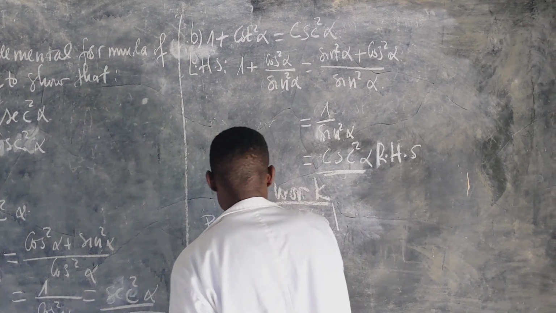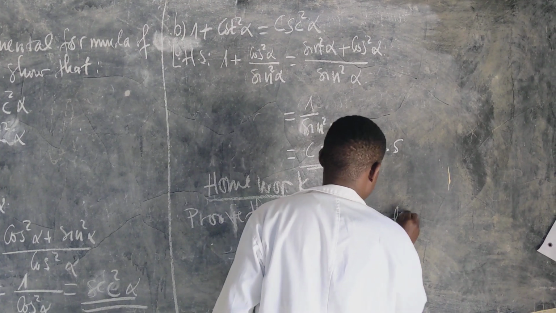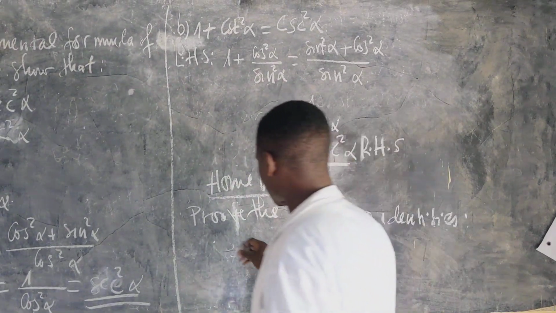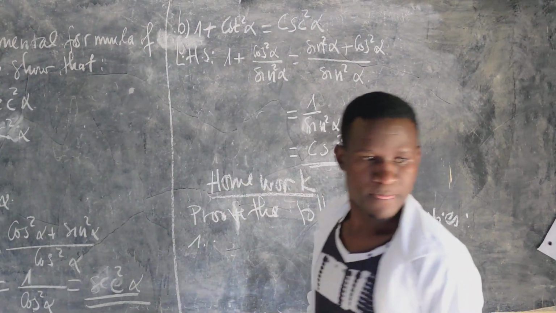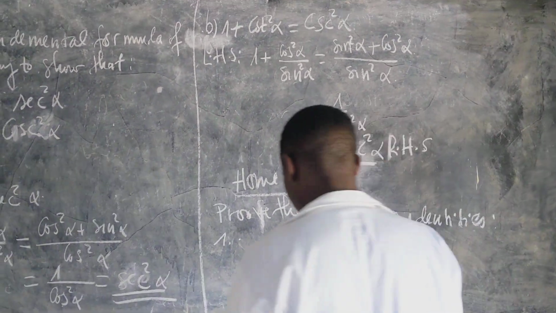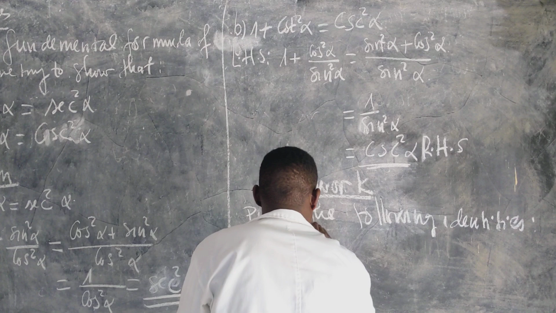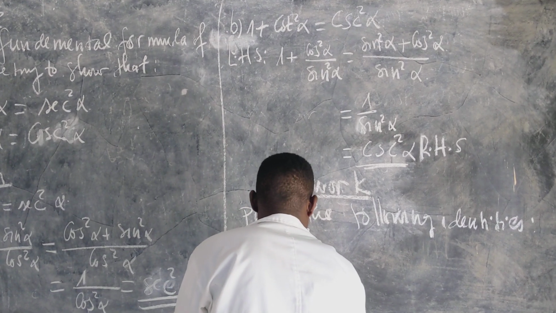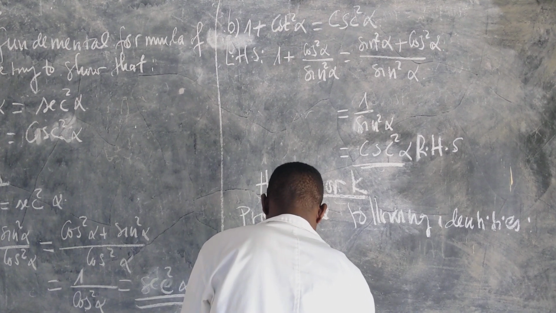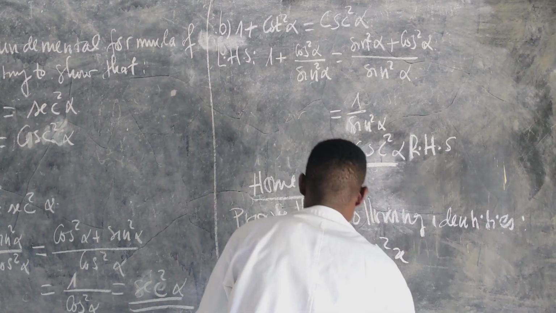Prove the following identities. The first one is that cotangent square of x divided by 1 plus cotangent square of x is equal to cosine square of x.